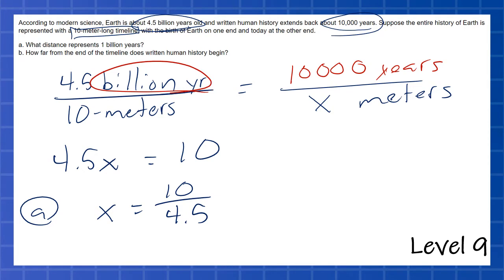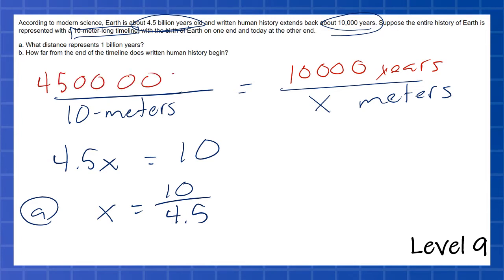So we're going to make them both into years. So instead of saying 4.5 billion years, we're going to say 4,500,000,000. That'd be 4.5 million, but I want 4.5 billion. And then we can cross multiply and divide.